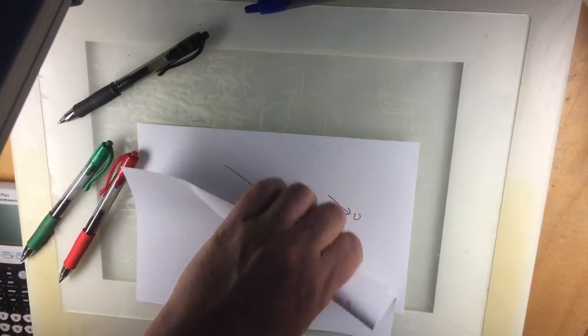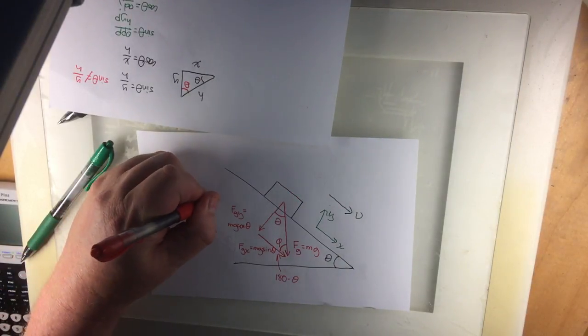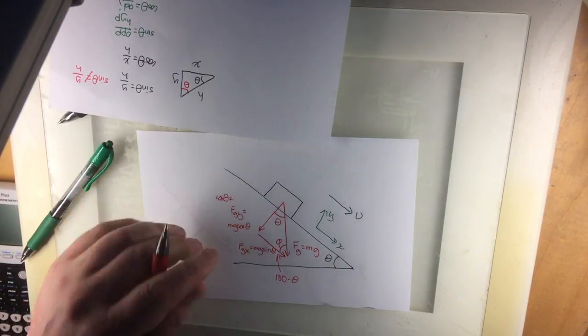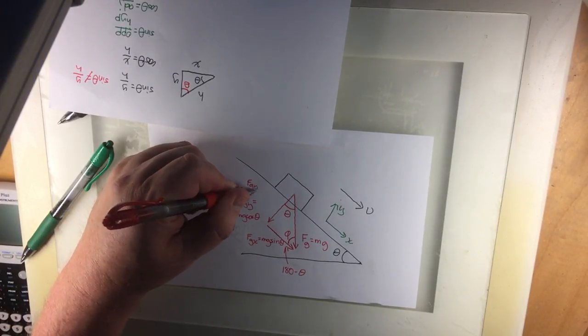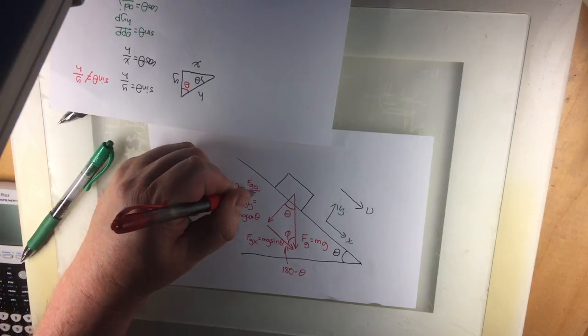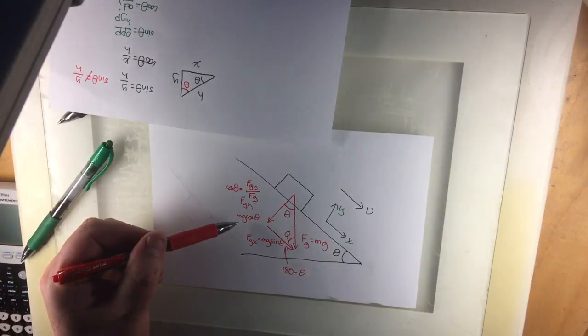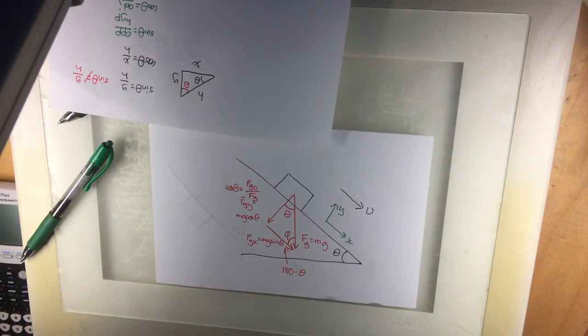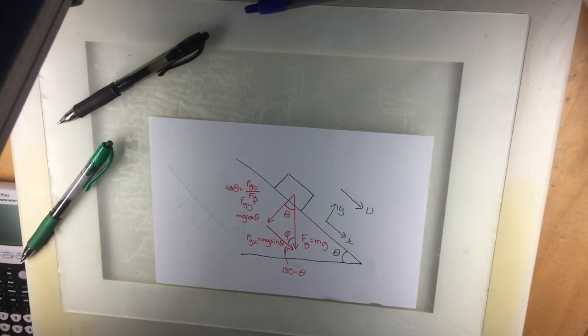So in this original picture, cosine theta is the adjacent side, FGY, over the hypotenuse, FG. Rearranging it, you get mg cos theta. You could do the same thing for FGX, mg sine theta. How rearranging it do you get that?